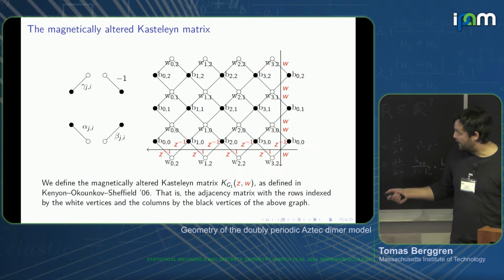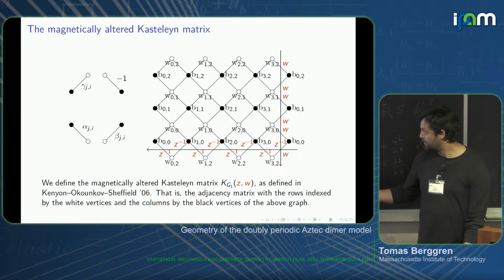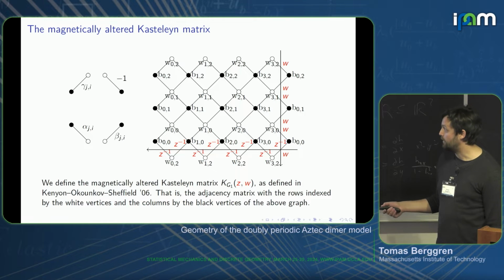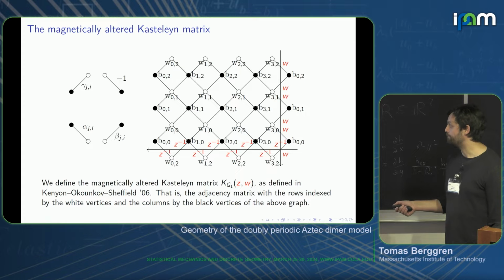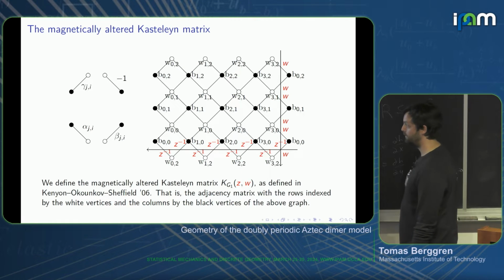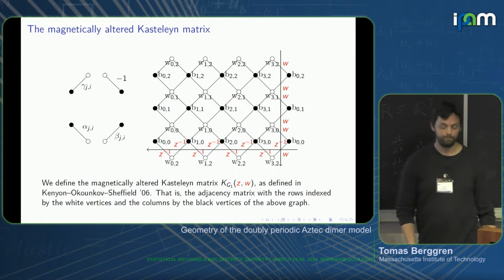And then we define the magnetically altered Kasteleyn matrix, which is the adjacency matrix of this graph, with the rows indexed by the white vertices and the columns by the black vertices. So this is a construction going back to Kenyon, Okounkov, and Sheffield almost 20 years ago.